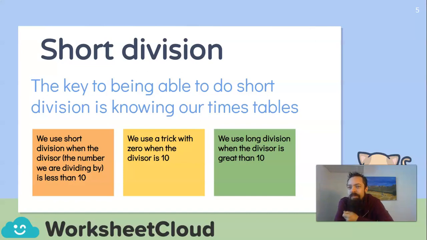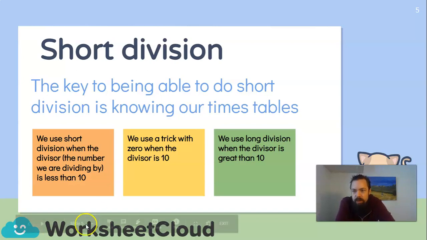Okay, short division. The key to being able to do short division is knowing our times tables. So if your times tables are good, short division is going to be easy. If your times tables are weak, it's going to take long. And the quicker you take that time and put that effort into getting your times tables right, the easier it's going to get.